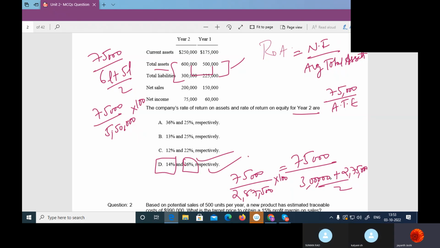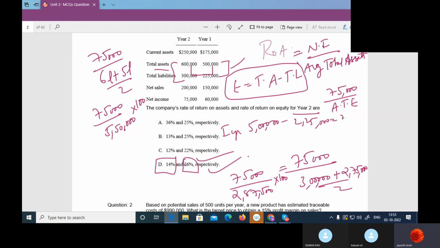Did you understand how I got this? First one I was able to understand, sir. See, for the second one, if you want equity, you have to take total of assets minus total of liabilities. What is your total of assets in the first year? 5 lakhs. So 5 lakhs minus 2 lakh 25,000 gives 2 lakh 75,000.